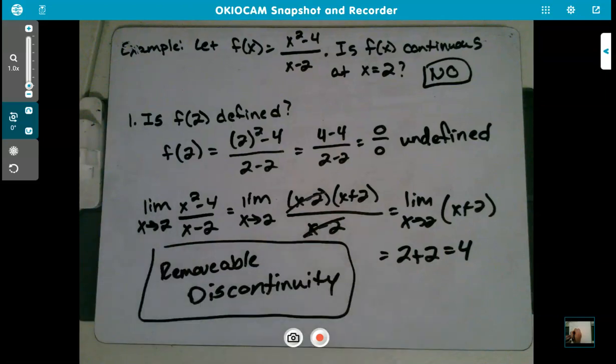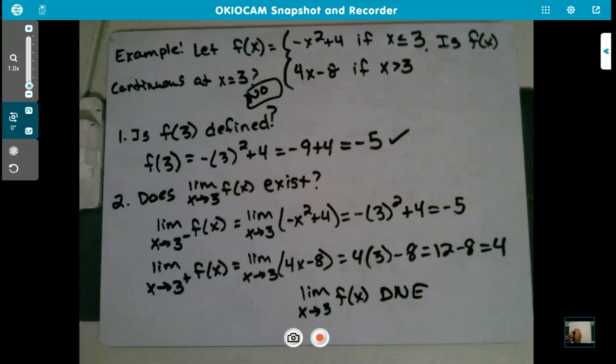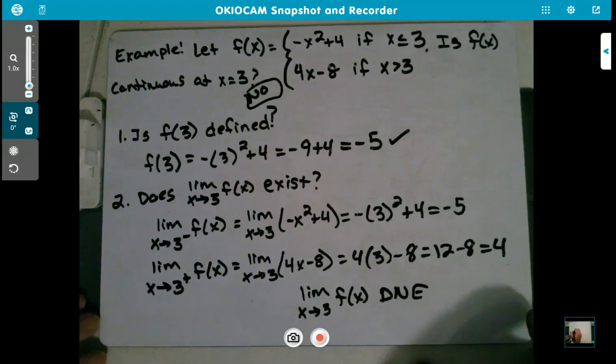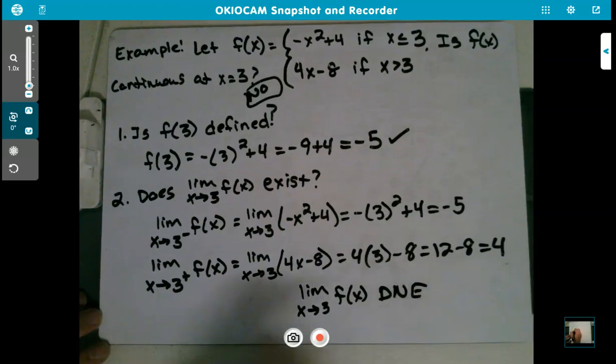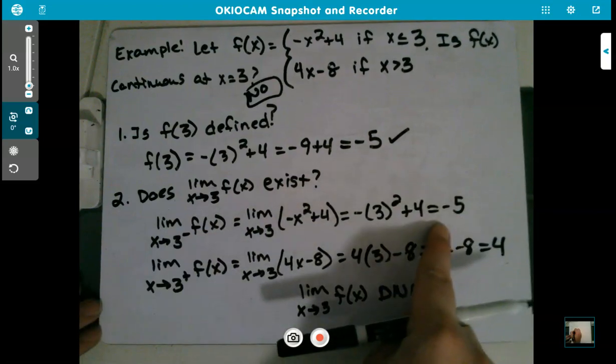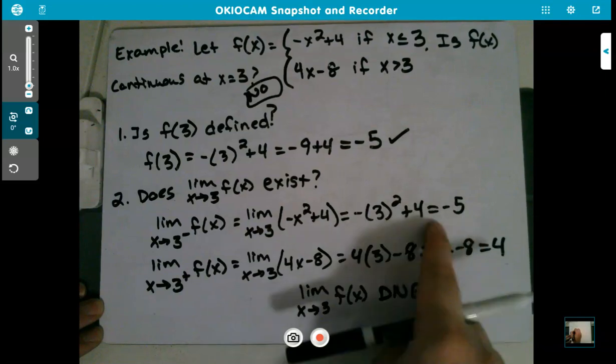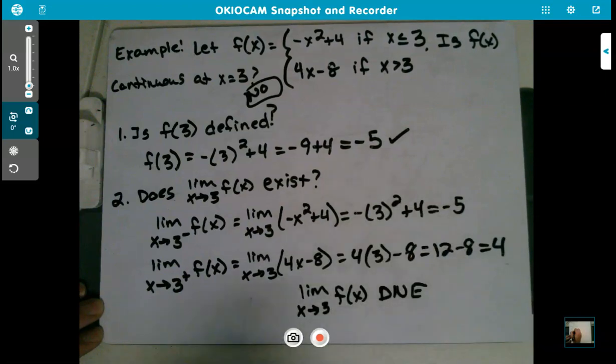Another example we did was this one. F of x is equal to the piecewise function negative x squared plus 4 if x is less than or equal to 3, and then 4x minus 8 if x is greater than 3. The reason this one didn't work was because I could find the limit on the left and got negative 5, and then I got the limit from the right and got 4. But since they weren't the same, we said that didn't work, right?